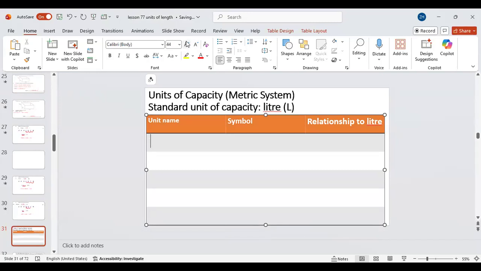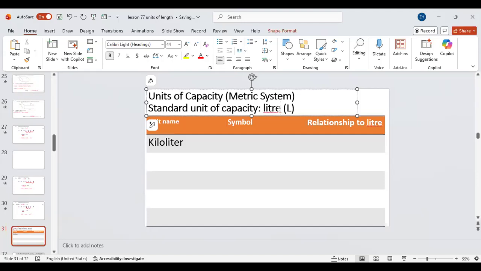I want to do this fairly quickly because we only have a few short moments left. The first one is kiloliter.